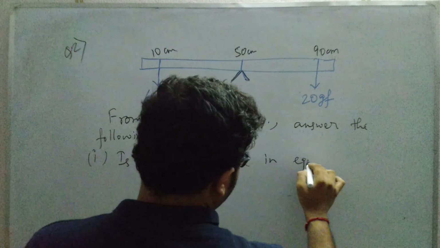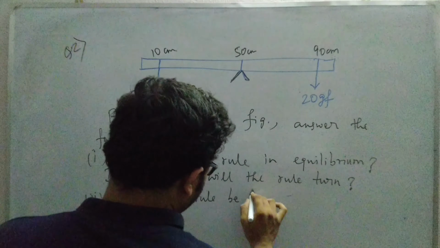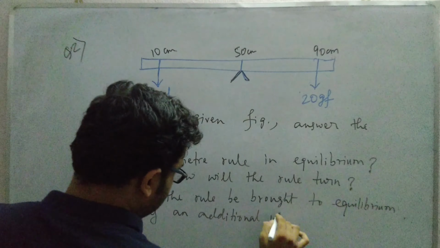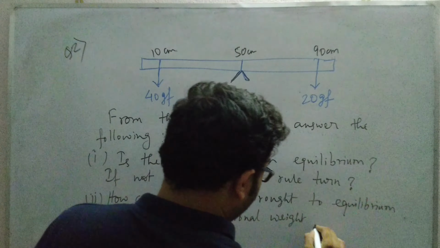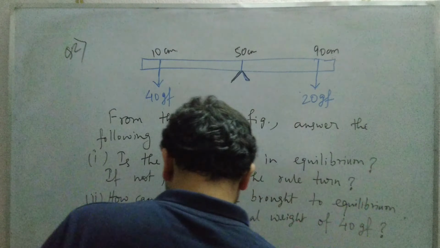And the second part of the question says: how can the rule be brought to equilibrium by using an additional weight of 40 gf? So this is the question.